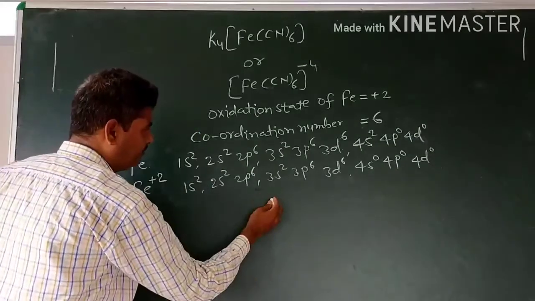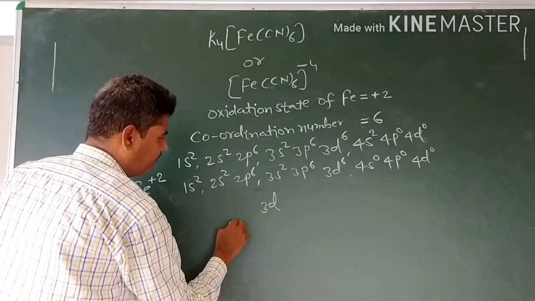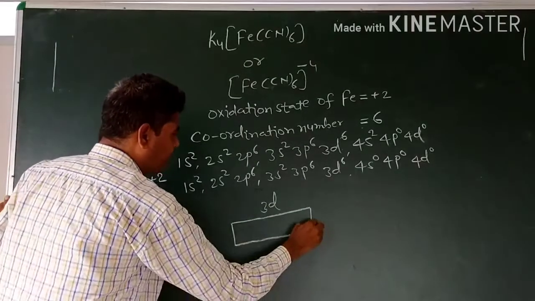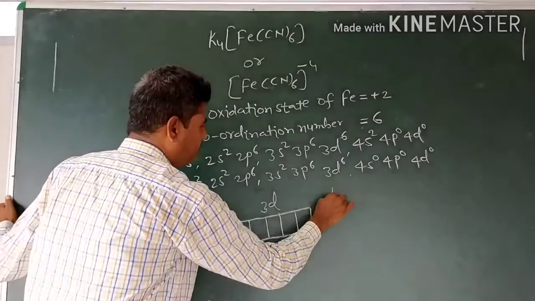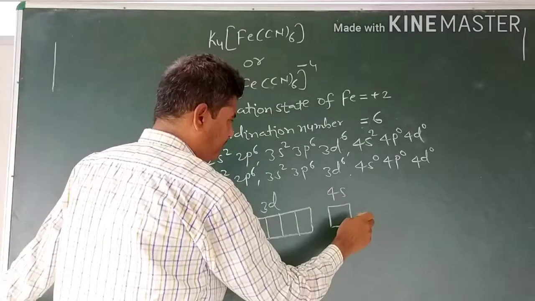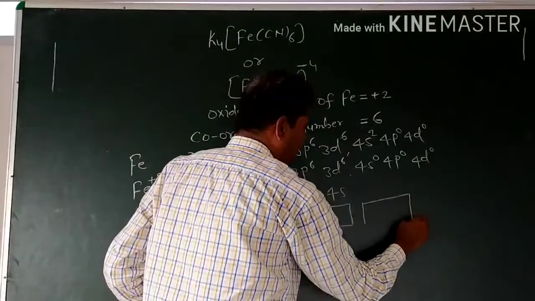Thus 3d, 4s of 1 type and 4p of the 3 types.